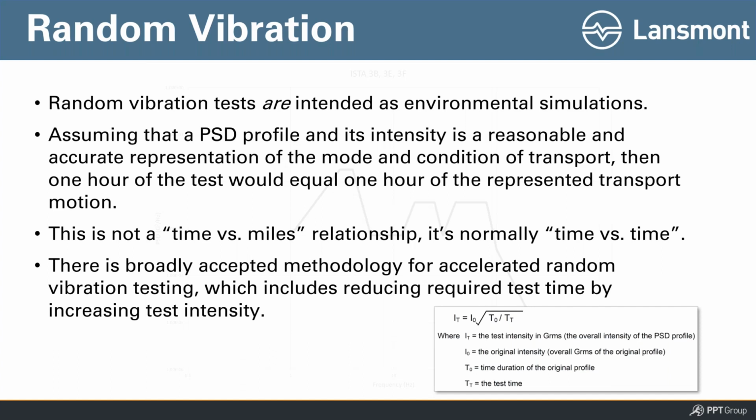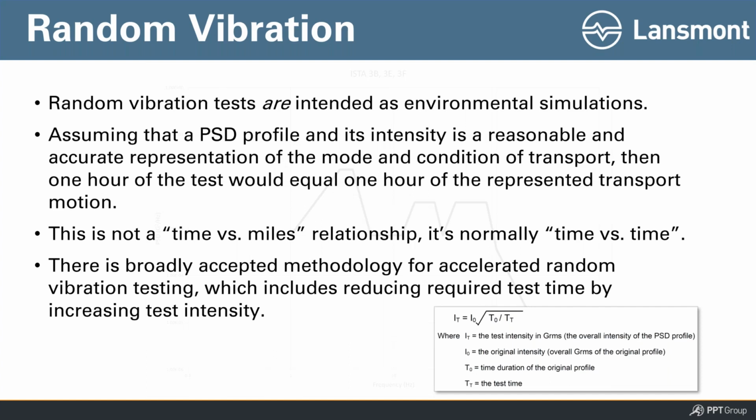There is a testing methodology that says you can reduce the amount of test time by increasing the intensity of the data that you collected by a factor of X. And generally speaking, when we use this formula, we don't want to ever exceed a 5 times rule.